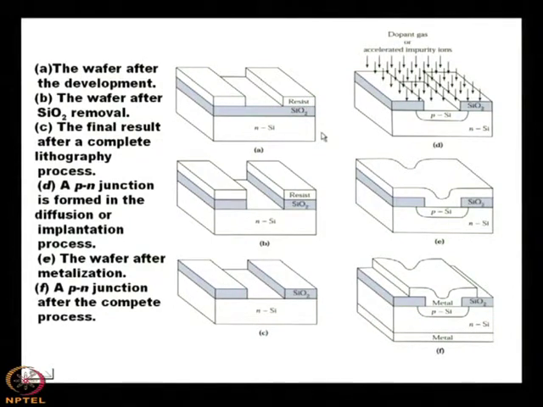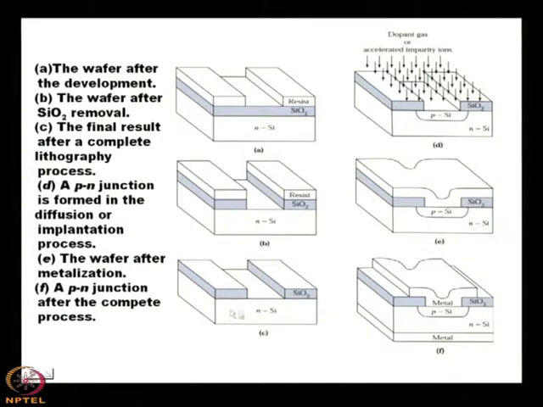Then what have you done? Then this middle portion you have etched out. But it can be the other way around also, depending on the nature of the photoresist, because photoresist can be negative or positive, and depending on the developer solution, it is possible that only the hardened region is washed away or the non hardened region is washed away.